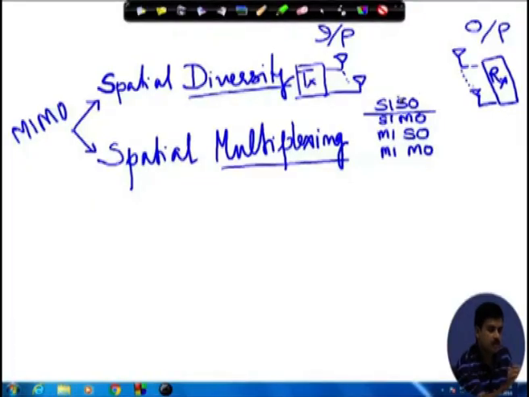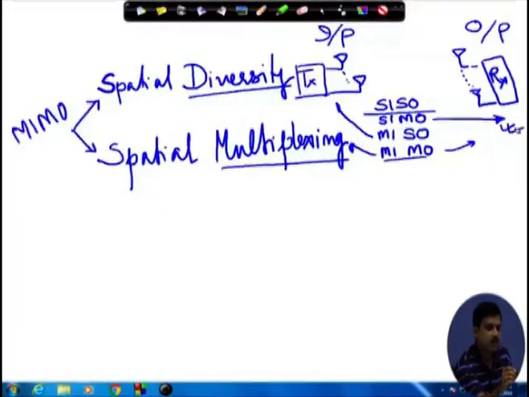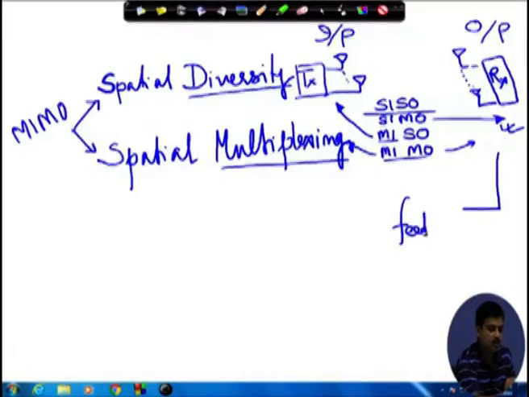When we study spatial diversity, single input multiple output means that you can obtain diversity at the receiver side. Multiple input single output means you can do diversity at the transmitter side, and MIMO means you will be able to do it on both sides. When you do it at the receiver side, things are relatively easier, but the moment you have to do anything at the transmitter side, there are two possibilities. One is that you may need feedback of channel information.